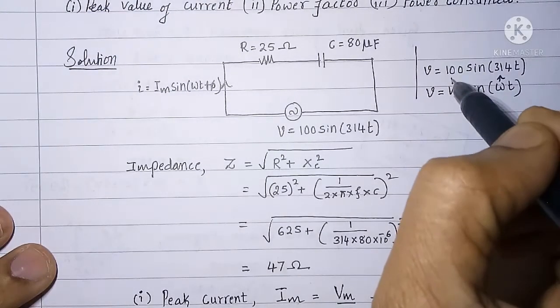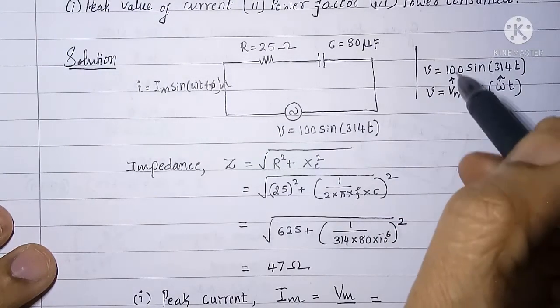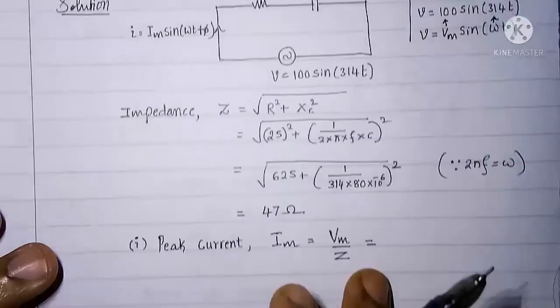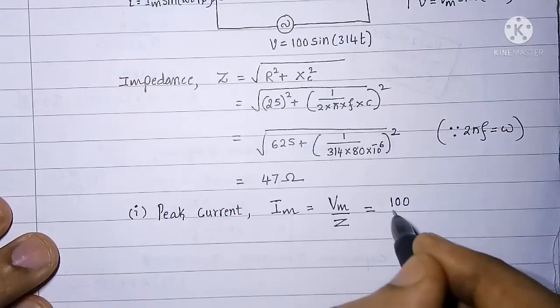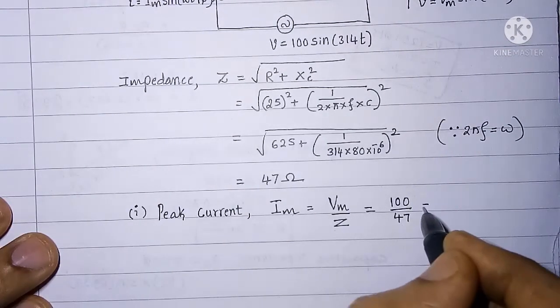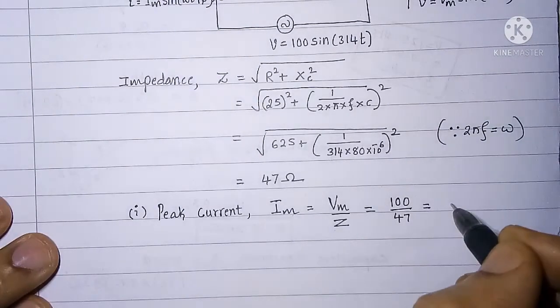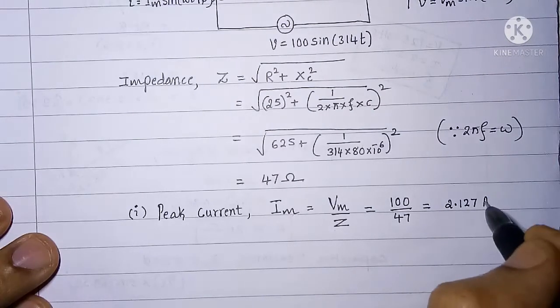Again we can compare the two expressions. So 100 divided by 47, that is equal to 2.127 ampere.